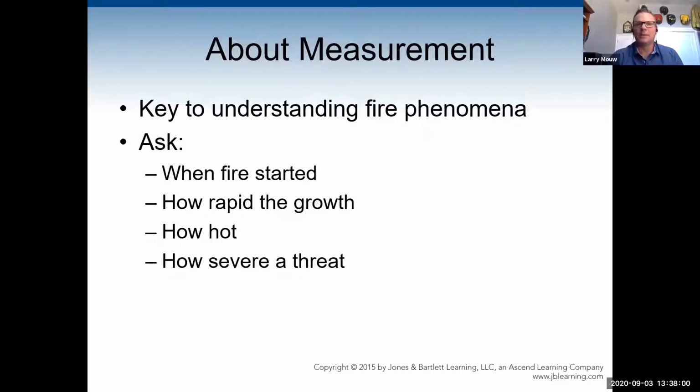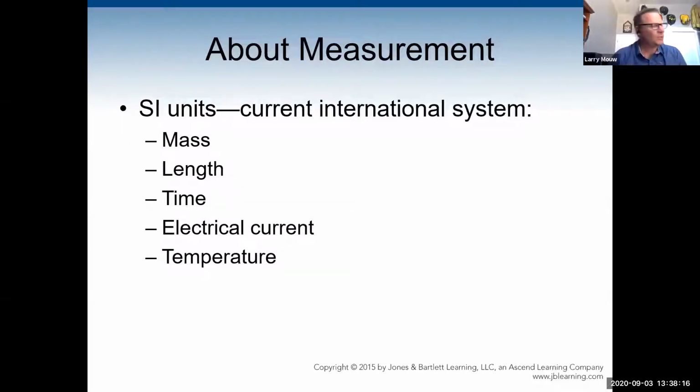How hot? This can deal with not only temperature, but how much energy was burned or consumed, and how severe of a threat. We're going to look at how much potential it had, how much fire load there was, different things like that. So in our books, we're starting there on chapter 1, page 2.